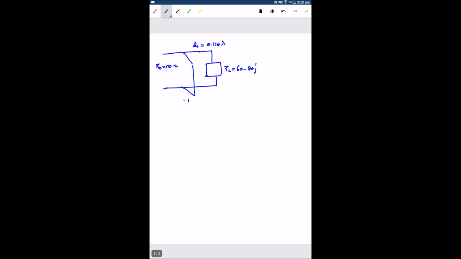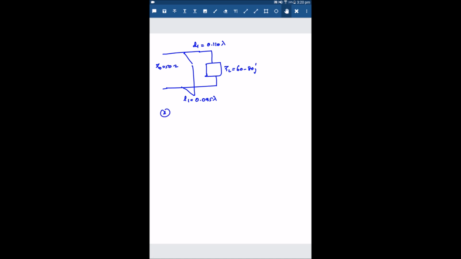The length of the stub is 0.095 lambda. In the second solution, we'll get distance d2 is 0.260 lambda. Length of the stub is 0.405 lambda.